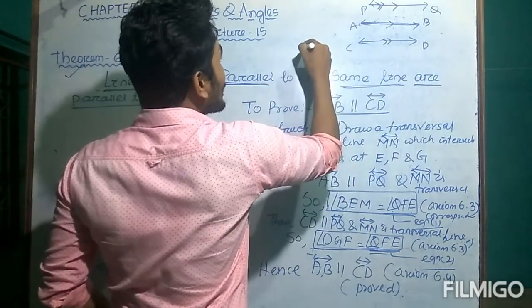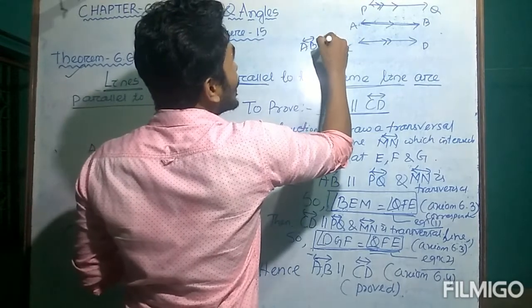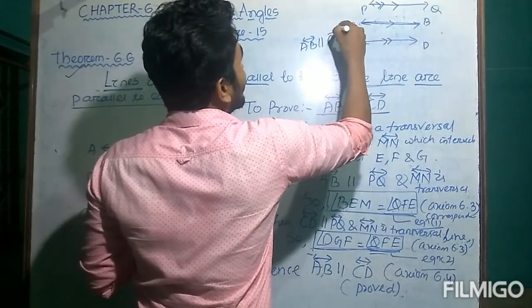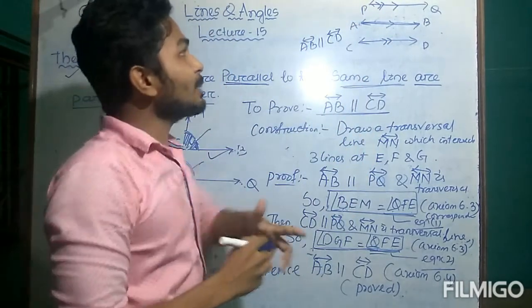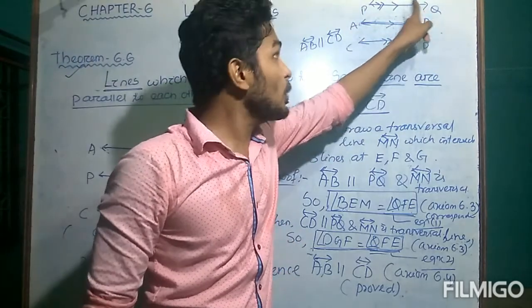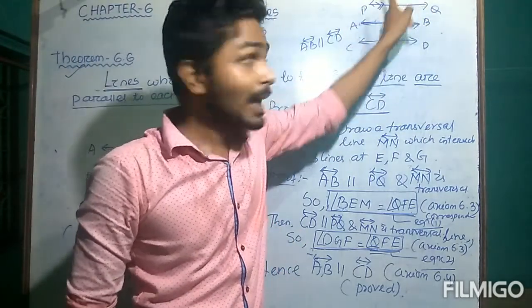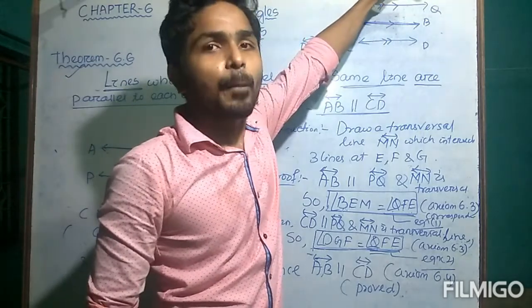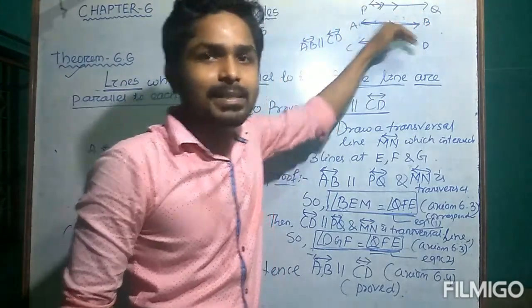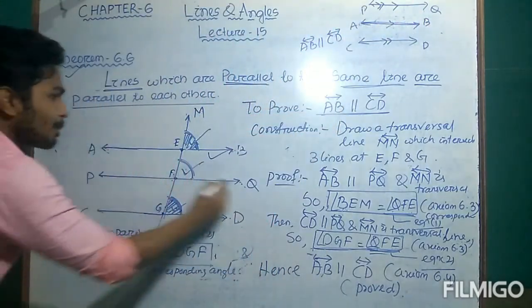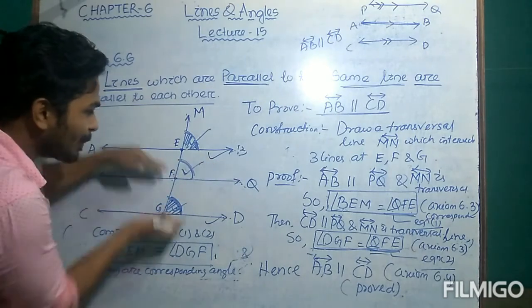So in this case also AB is parallel to CD. Here PQ is the common line to which both the lines are parallel, and it lies in the upward direction of both AB and CD. But here we consider PQ, the common line, in between these two lines.